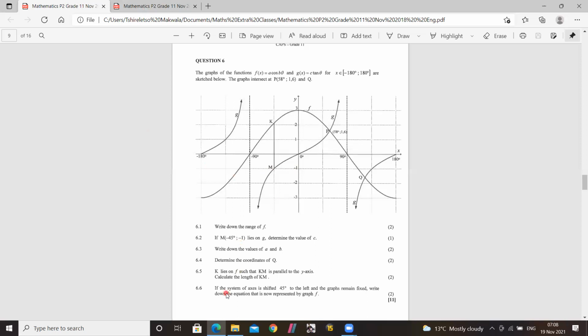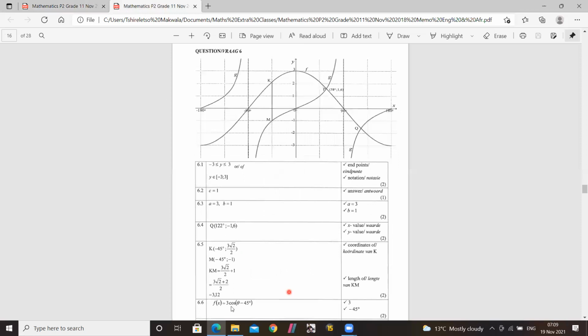Then it says, if the y-axis is shifted 45 degrees to the left and the graph remained fixed, write down the equation that is represented by F. So a shift to the left is a positive shift, like in a normal function, you're going to add 45.